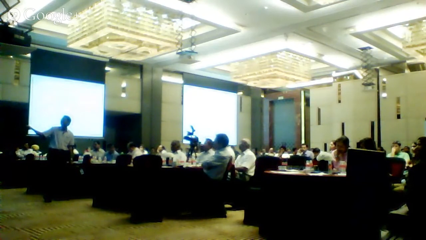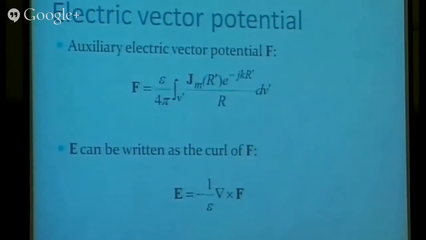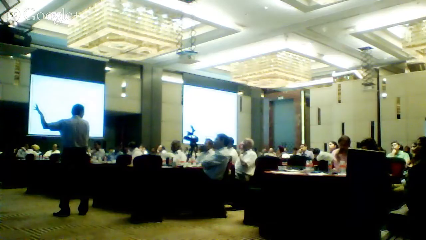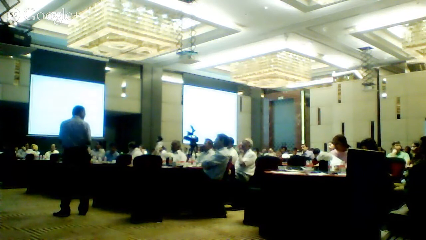This we can now define as the auxiliary electric vector potential. The way we discussed the magnetic vector potential using Maxwell's equations with electric sources, if you start in a similar fashion with the magnetic sources, it is possible to come up with this.